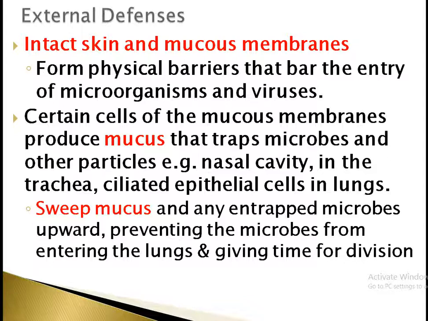So, to defend against these microbes, the skin and mucous membrane should be intact. Certain cells of the mucous membranes produce mucus that traps microbes and other particles, for example, in the nasal cavity, in the trachea, and ciliated epithelial cells in the lungs.